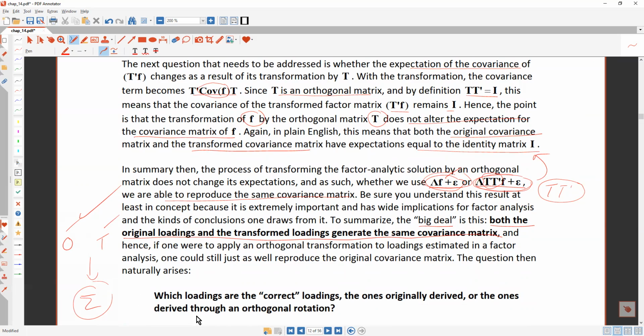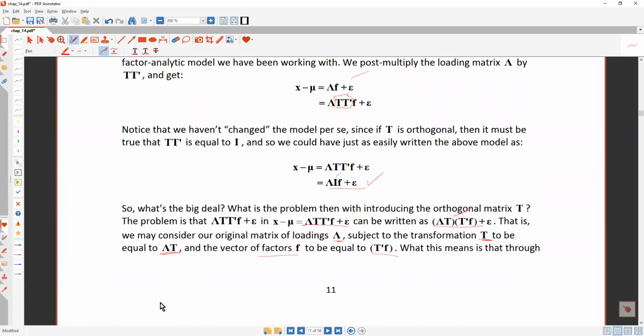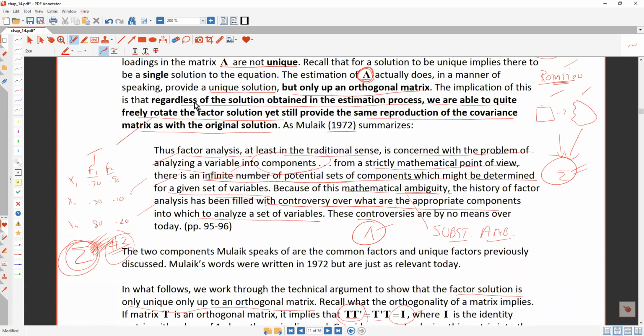What we've just talked about is this idea right here. This is what Mulaik is talking about, and why there are controversies surrounding factor analysis, and why you just have to know what it's producing. Doesn't mean it's wrong, doesn't mean it's bad, doesn't mean it's not valid. You just have to be aware that this thing could produce a whole bunch of different solutions, yet you can still get the same fit on the covariance matrix.